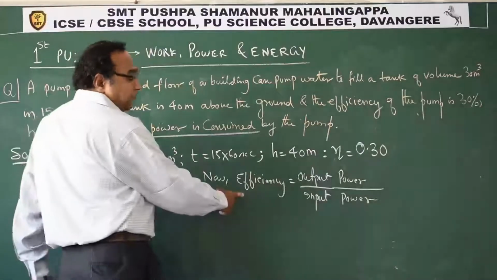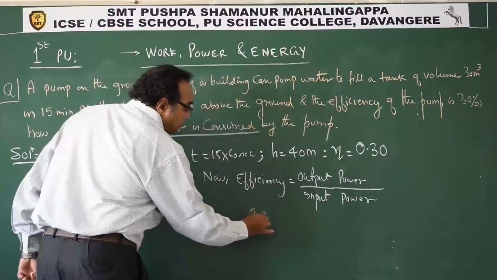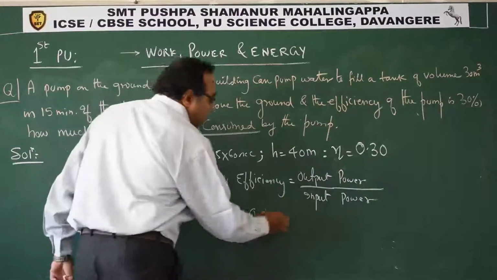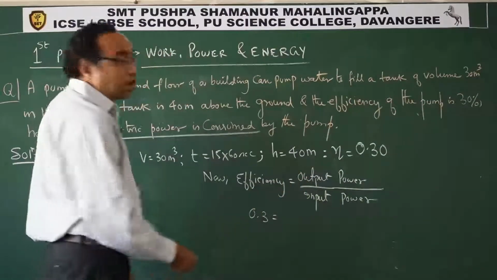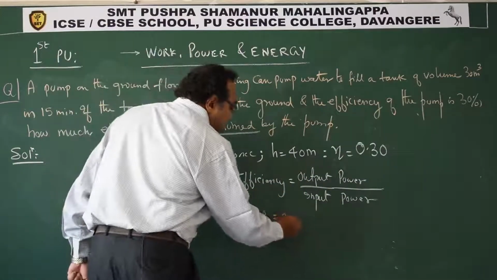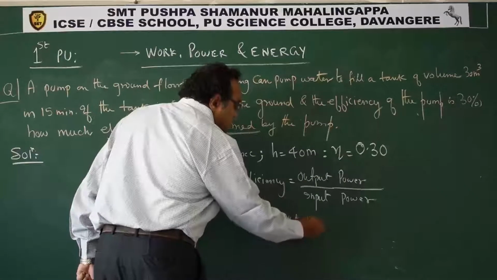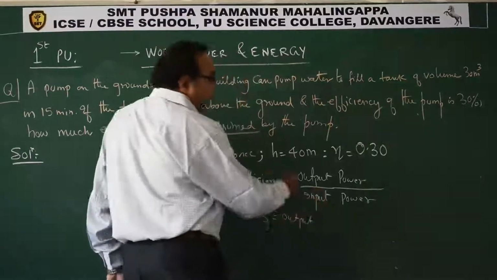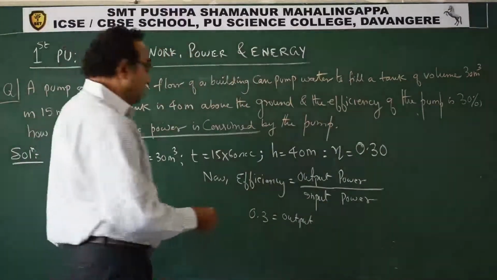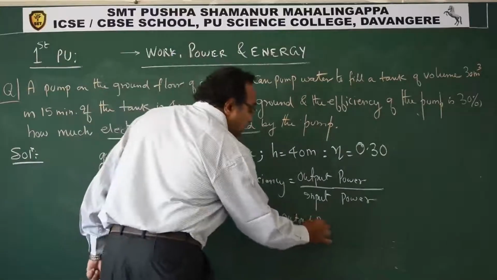So efficiency is given as 0.3 is equal to output power upon input power. Power is what? Energy by time.